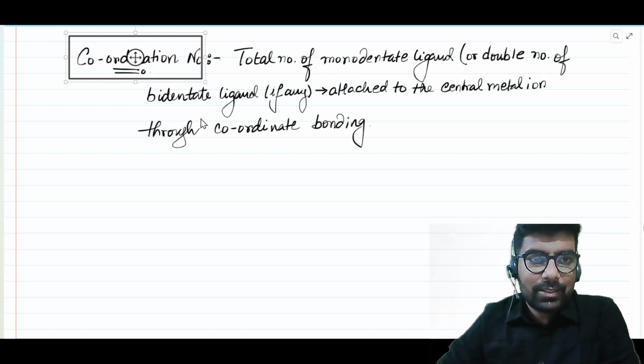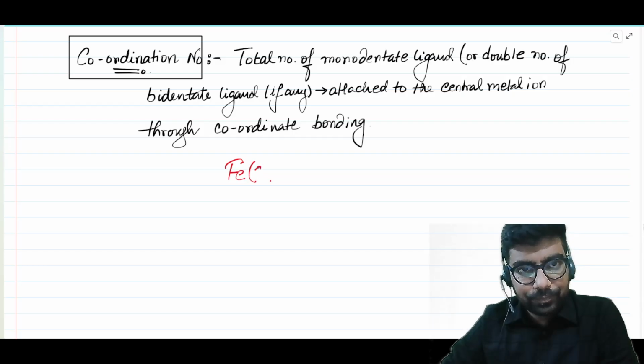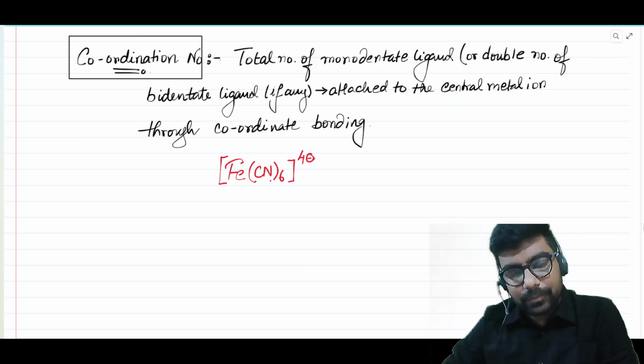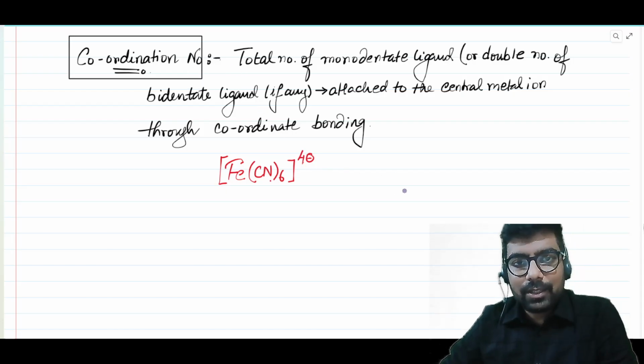Let's say we take an example, the one that we have taken previously, Fe(CN)6 with charge 4 minus. This was the compound. Now understand this. There is a central metal atom, that is Fe. This is my central metal ion.